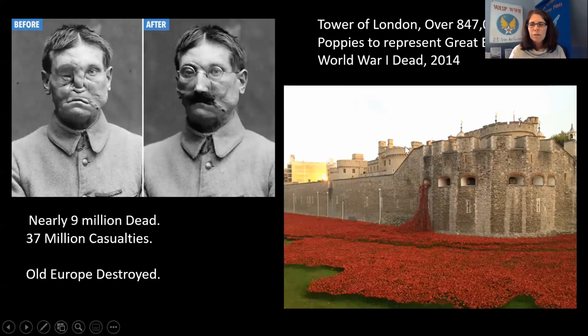I wanted to show you this final picture. This is the Tower of London and the 100th anniversary of the beginning of the war in 2014. They made these ceramic poppies and had them flow out of the Tower of London.